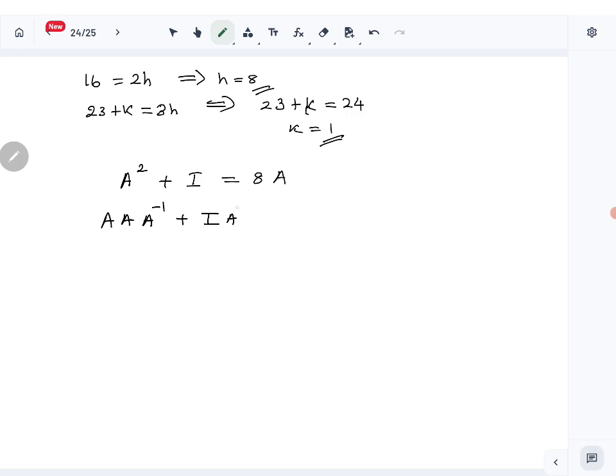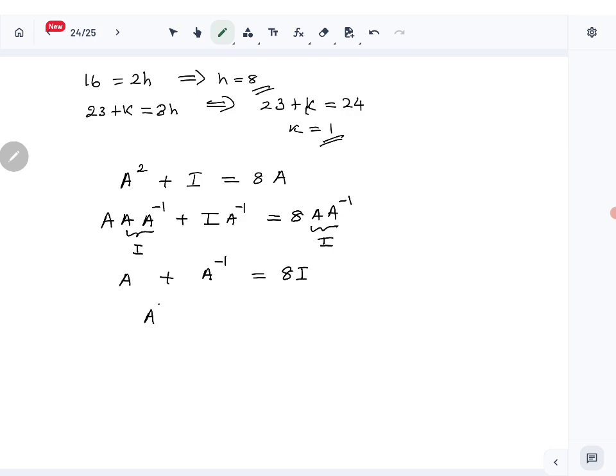So I into A inverse, 8 into A inverse. So A times A inverse is identity. So these ones you can replace with identity. Identity into A inverse is A inverse. So what do we have? A into I is A, plus A inverse equals 8I.